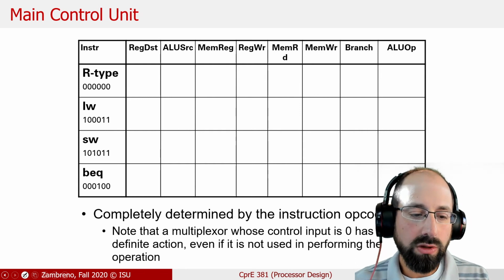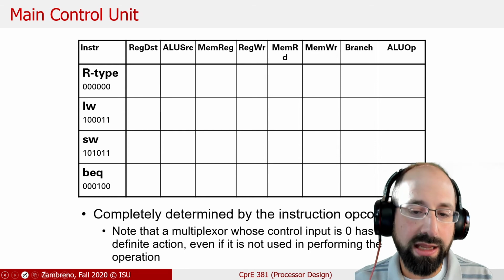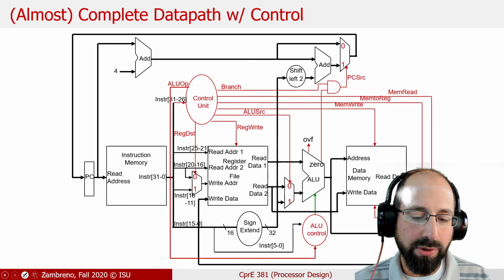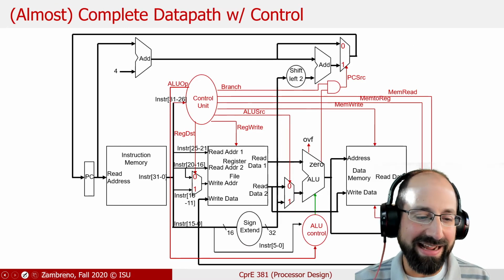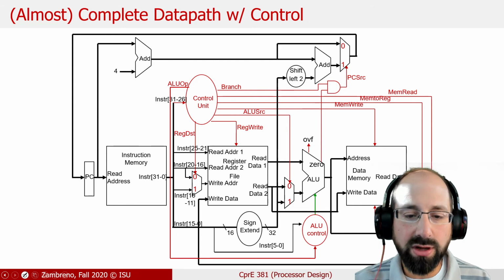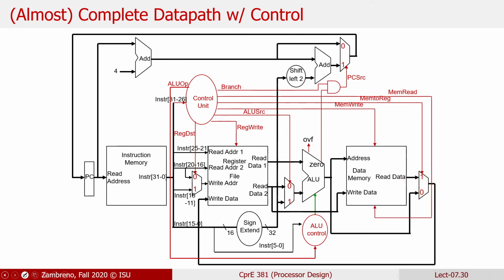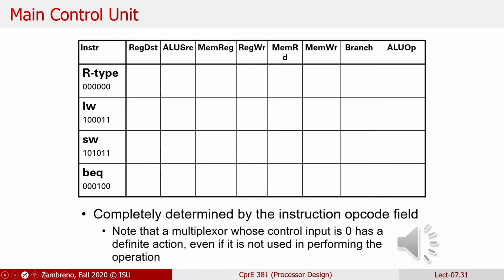Let's start with that first row then. If it's an R type instruction, and this is a little tricky for me to navigate because you really do need to look at both this diagram and this slide at the same time, you'll see me skip back and forth quite a bit. For our R type instructions, I'll start us off with the one that's got probably the worst name of all these, which is our register destination field.